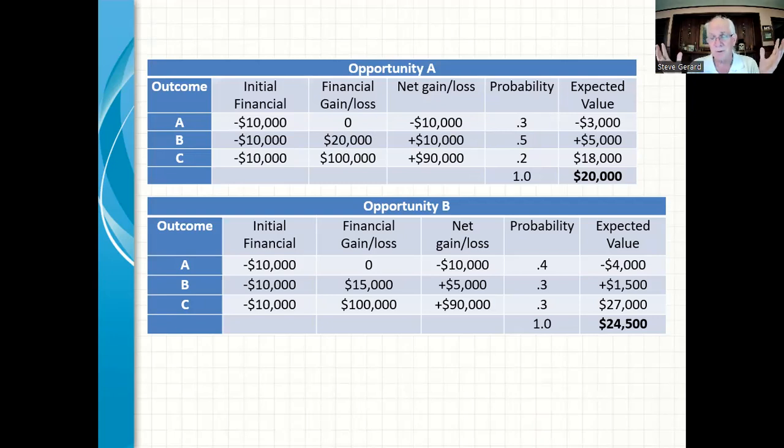Unless something else has changed in the world, almost guaranteed I'll make money in that kind of process. With this situation here, you're choosing between two things and you're only gonna do them once. So the expected value gives you some information about it, but it's not the same sort of situation as when you're going to do something over 100 times. You are not going to invest $10,000 100 times here. You've got $10,000, you're going to do something with it. Your intuition has to guide part of it. Expected value can add some information to inform your intuition.